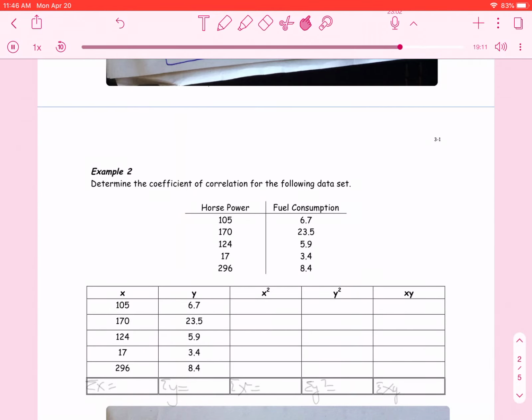You would find your totals: sum of x, sum of y, sum of x squared, sum of y squared, sum of x times y. Once you get those values, they should add up to the solution that I have posted here, where you get your correlation coefficient of 0.35.